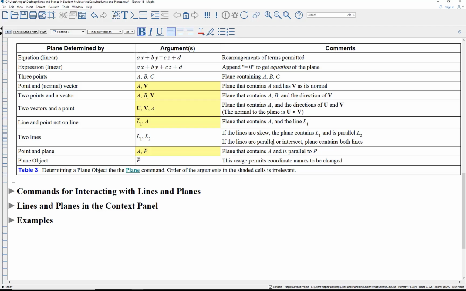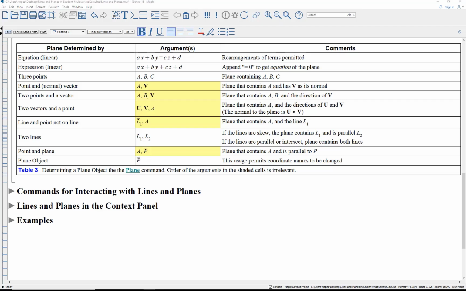If the lines are parallel or intersect, the plane will contain both lines. A point and a plane determine a plane that contains the point and is parallel to that plane. And the plane, if you want to modify it, you can apply the plane object command to the plane object.